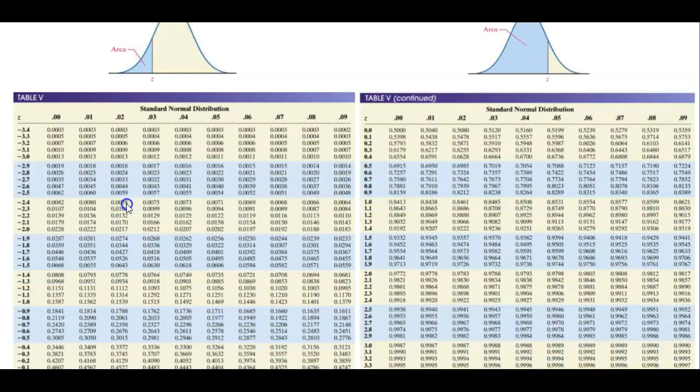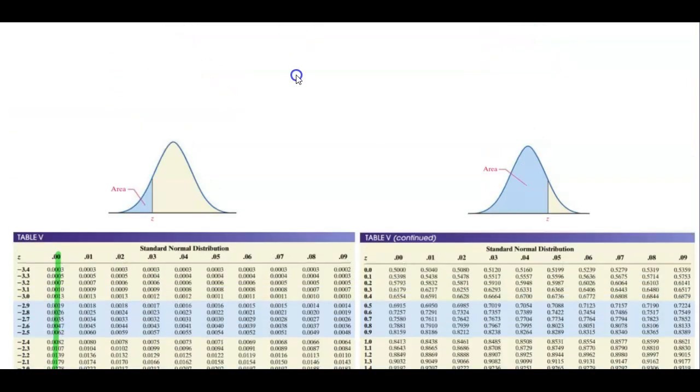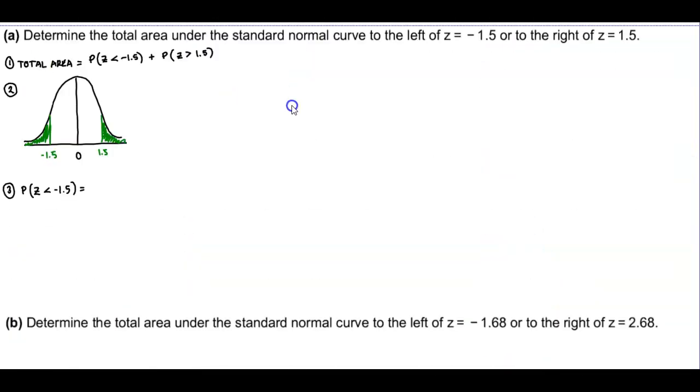We're looking for negative 1.50, and we can see that the area less than that number is 0.0668.